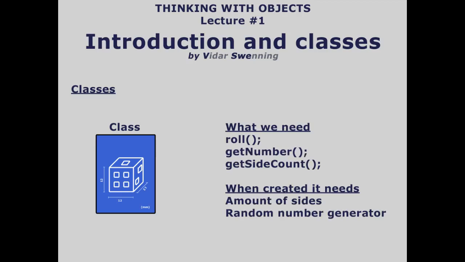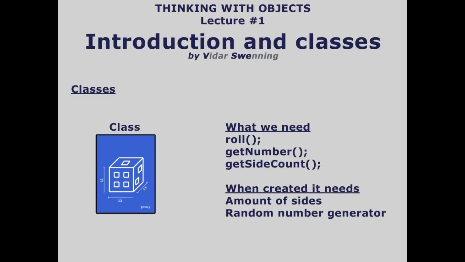First of all, we need a method called roll. We need to be able to roll the die, right? So we get a new number there. Then we want to be able to get the number itself from the die, and finally we want to be able to get the amount of sides the die has. Usually a die has 6 different sides, but that's just the normal dice.